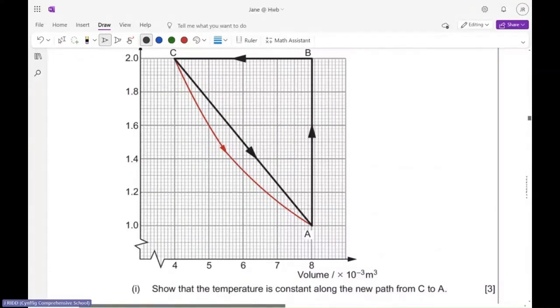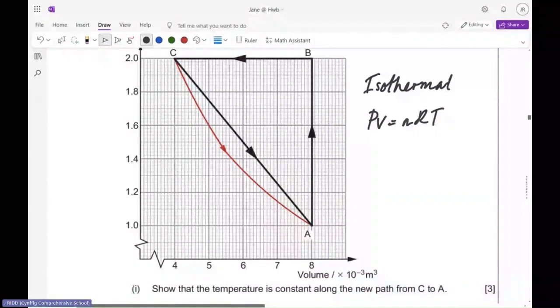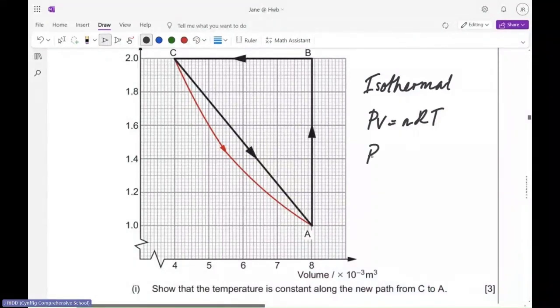Okay, so if it is isothermal, then that should mean, if you think about PV equals nRT, if T is constant in this situation, then P times V should equal a constant.